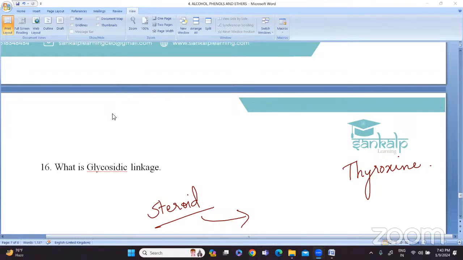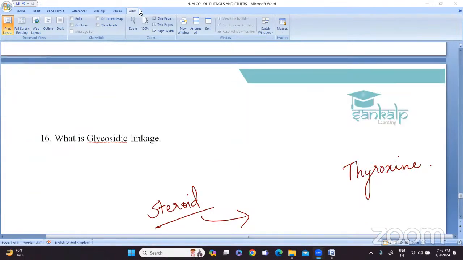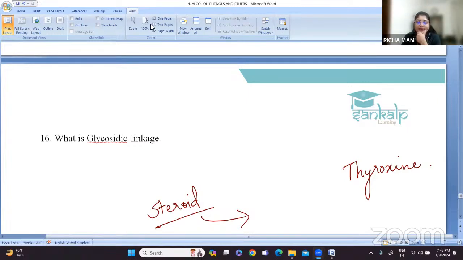Then, what is glycosidic linkage? The linkage between two monosaccharide units through the oxygen atom is called the glycosidic linkage.